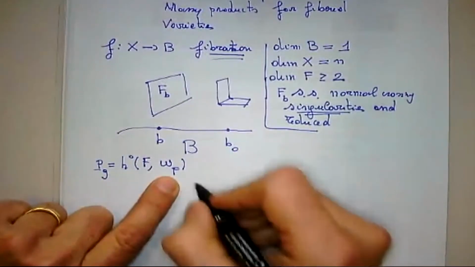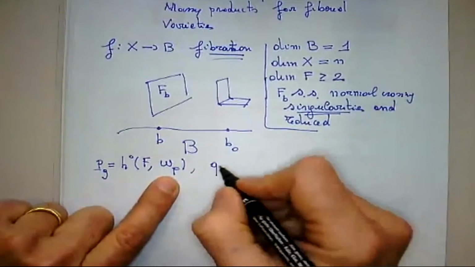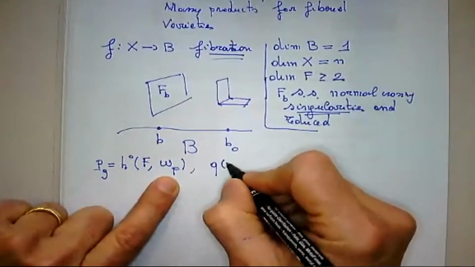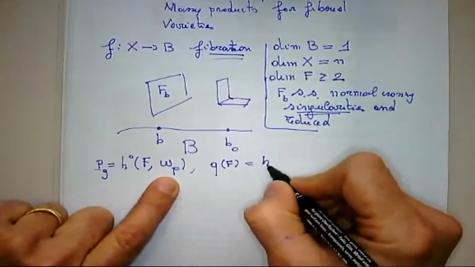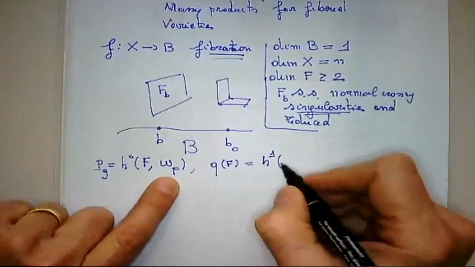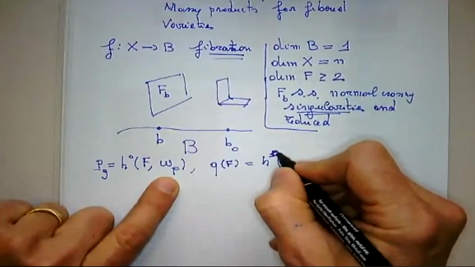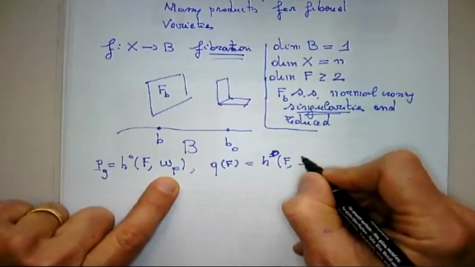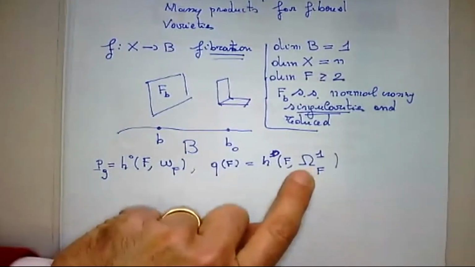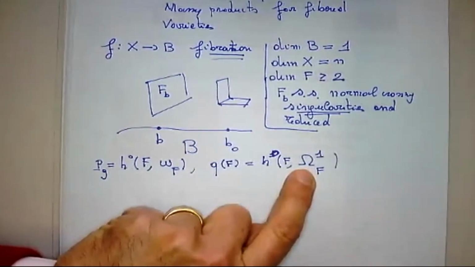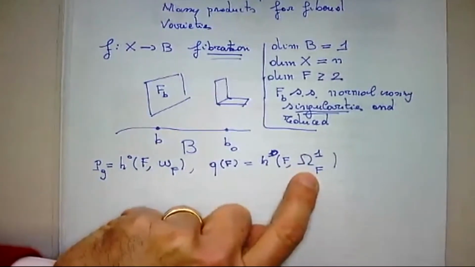You have what we call the irregularity of the fiber, which is the dimension of H^0 of the space of regular one-forms, which in curve theory are the abelian differentials.